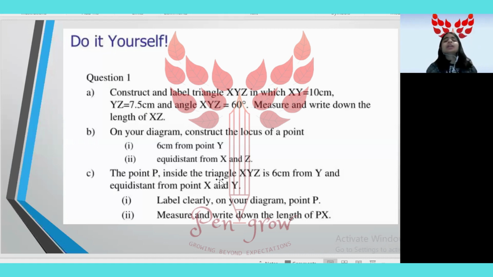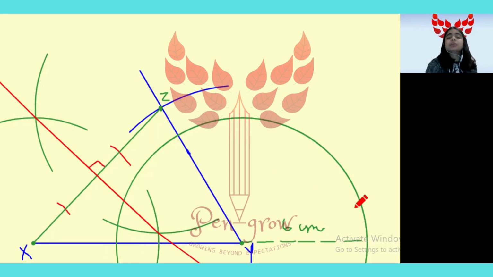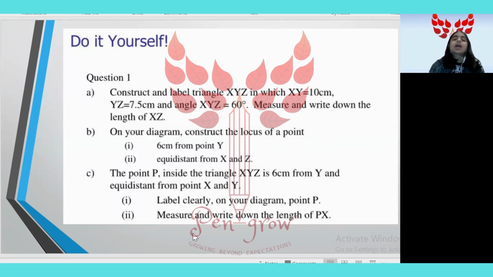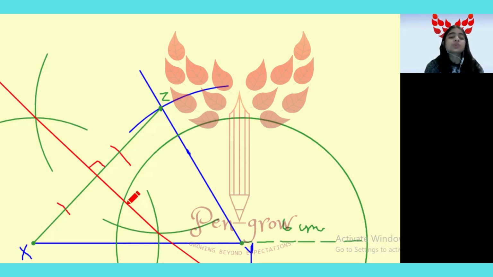The point P inside the triangle XYZ is 6 centimeter from Y. That means there is a point in this triangle which is 6 centimeter from point Y. So this locus represents a 6 centimeter distance from Y. That means point P lies somewhere on that locus, but inside the triangle. And equidistant from point X and Z, so it is also on this line.